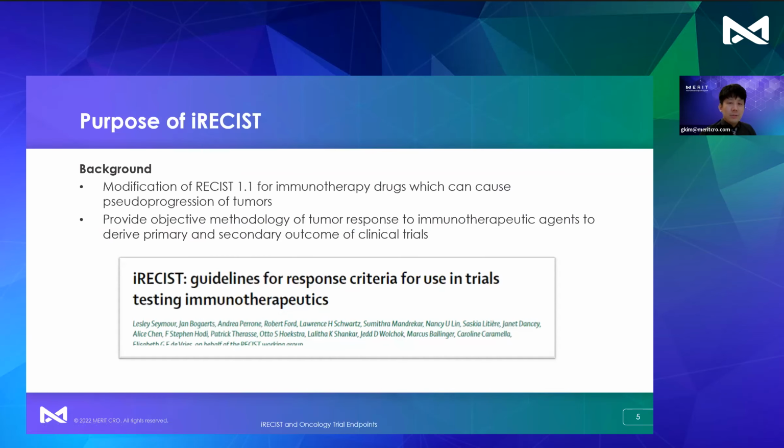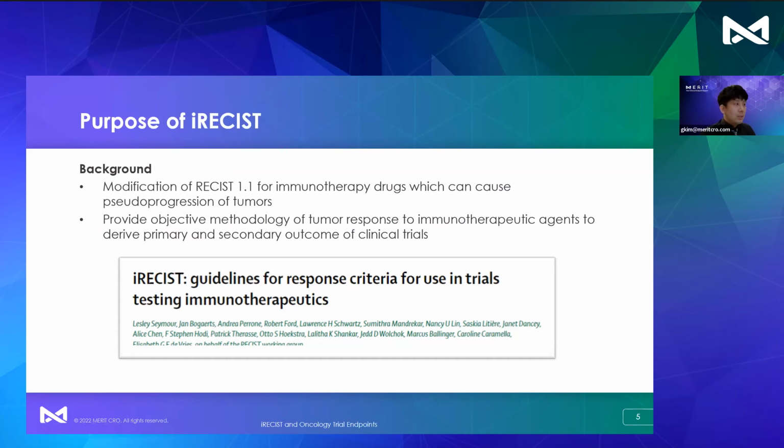Starting off with the iRECIST background and the purpose. iRECIST came out as a modification of RECIST 1.1, which is the most commonly used response criteria for solid tumors, but iRECIST is a slight modification to accommodate immunotherapy drugs that cause pseudoprogression of the tumors. Still, the fundamentals and the purpose of iRECIST are the same.